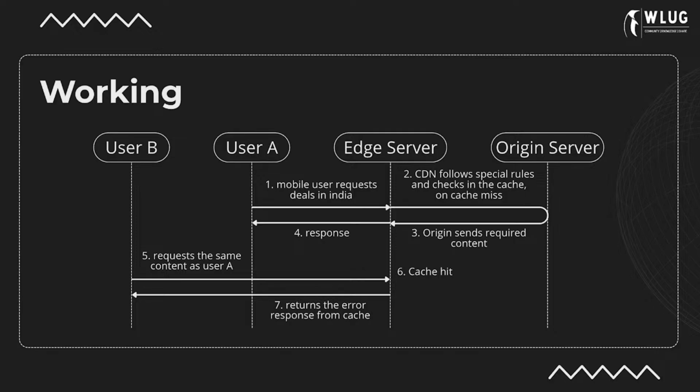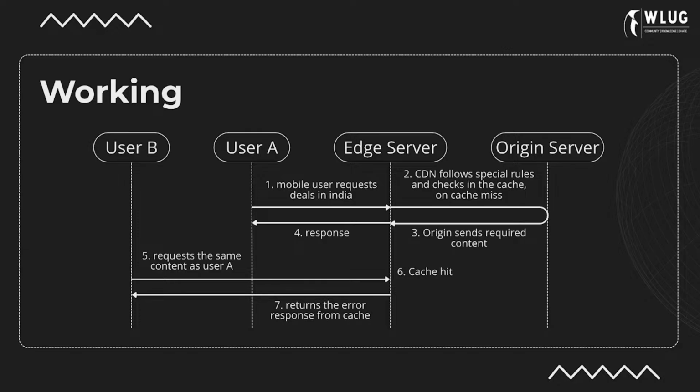So here, let's see an example. For example, a mobile user searching up deals on Instagram in India. When this request reaches an edge server through a DNS routing system, it will check whether the content is present in the cache. If it is not, then it will check your parameters, create your cache key, and create your cache buckets.